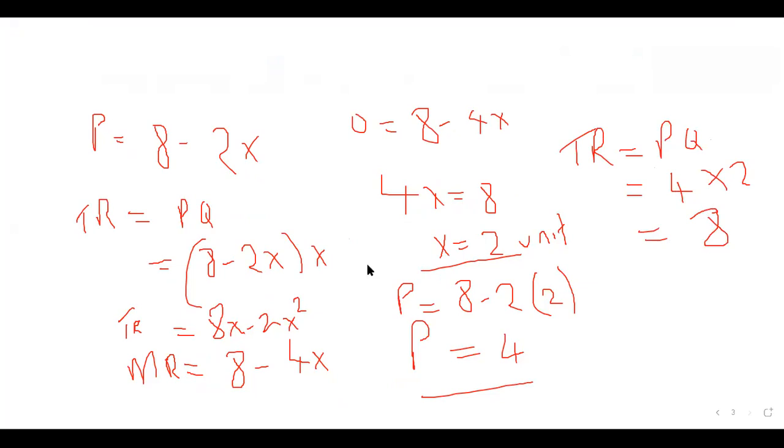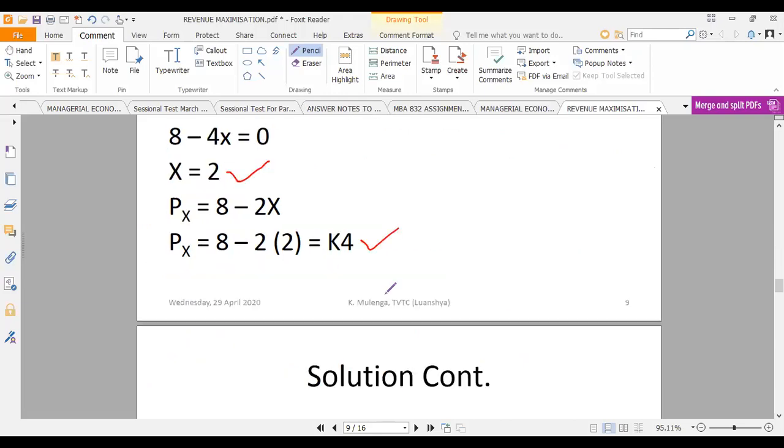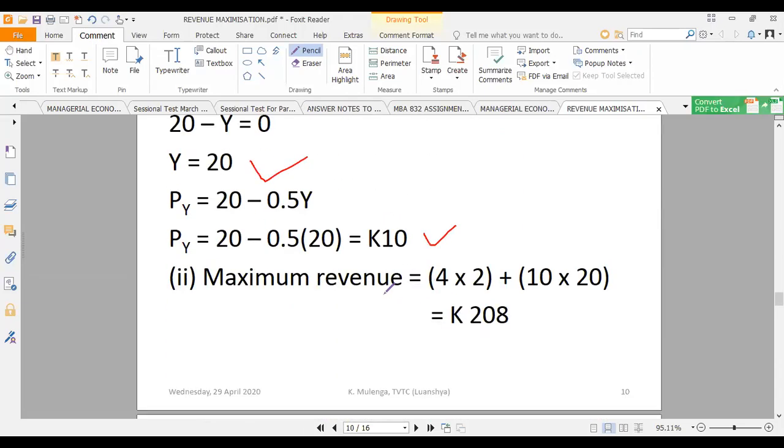Likewise, that's what you would do on the other one. So we find 8 for good x and 200 for good y. So the maximum revenue would therefore be 208. That is our maximum revenue.